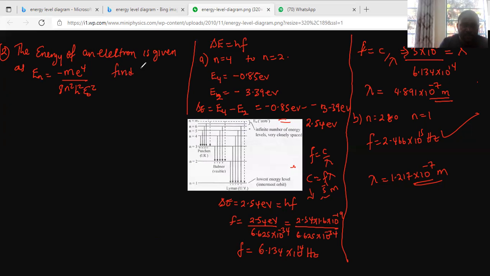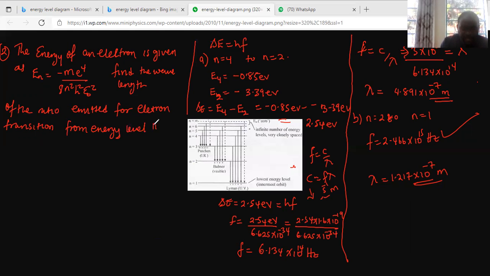Find the wavelength of the radiation emitted for electron transition from energy level n is equal to 3 to the ground state.